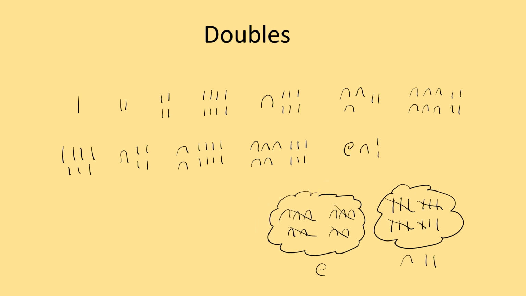So the final double looks like one group of 100, one group of 10, and 2 1s, or 2 units.